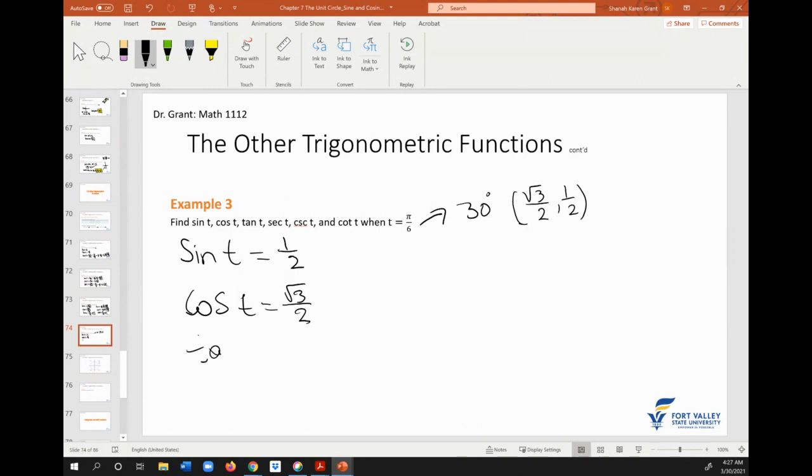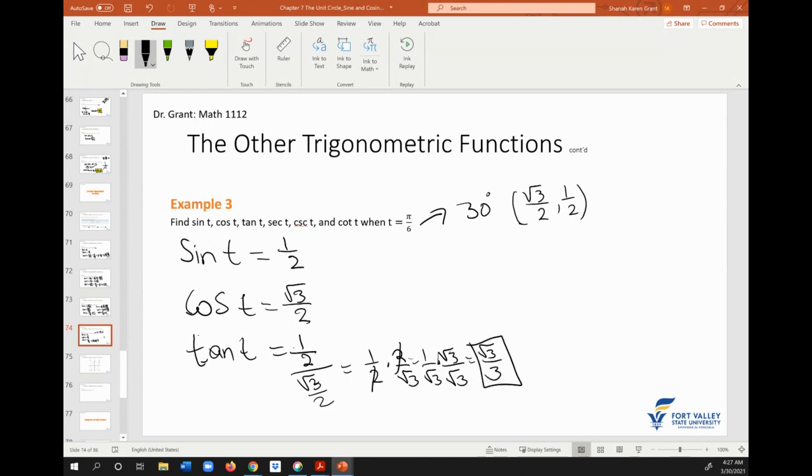Tangent of t, that's going to be sine over cosine. That's going to be 1/2 over √3/2.